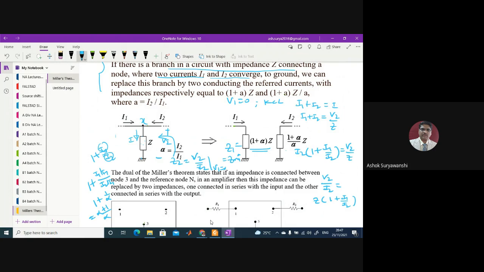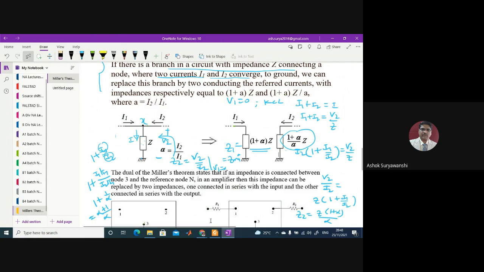So I can simplify this as V2 by I2, which is Z2, as Z into 1 plus alpha upon alpha. So Z2 is 1 plus alpha upon alpha into Z, where alpha is I2 by I1.